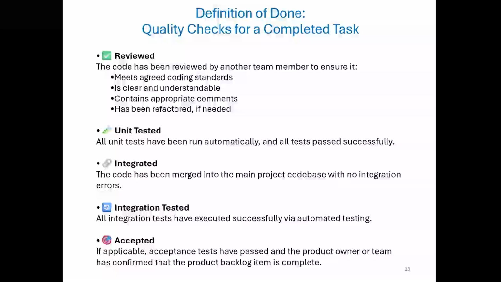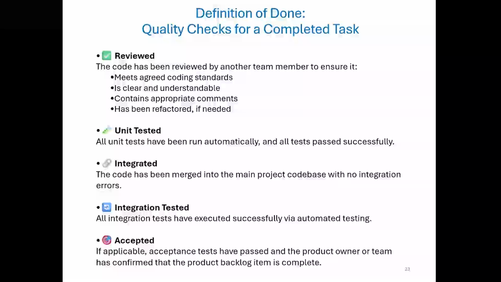Unit tested. All unit tests for the piece of code should have been run and they need to pass. No exceptions. This ensures that individual pieces of logic are working as expected.